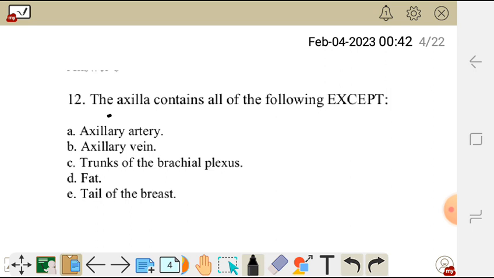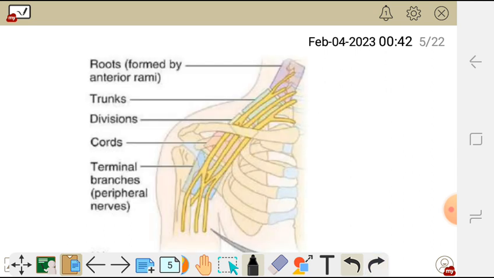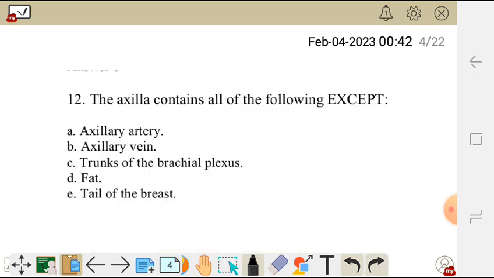So the axilla contains all of these except C, the trunks of the brachial plexus, because when you look at this picture here, we could see the roots there, and then after the roots you find the trunks. The trunks are not in the axilla because they are found in the neck region above the clavicle. That's where the trunks are, so they are not in the axilla.